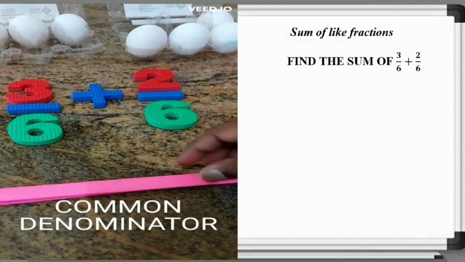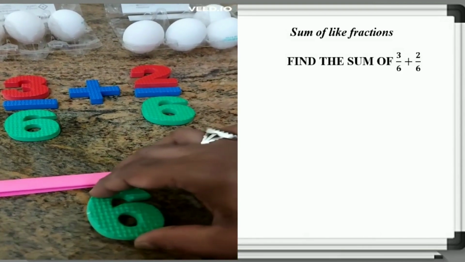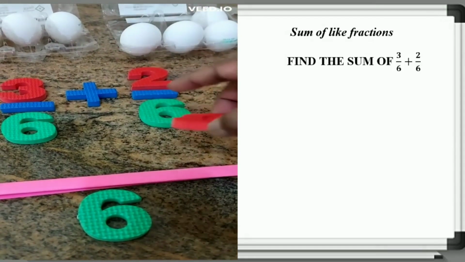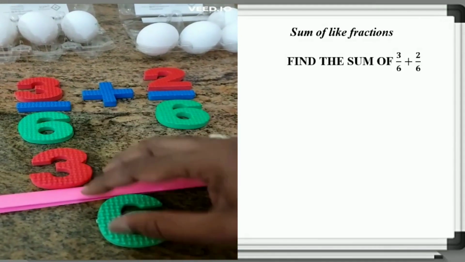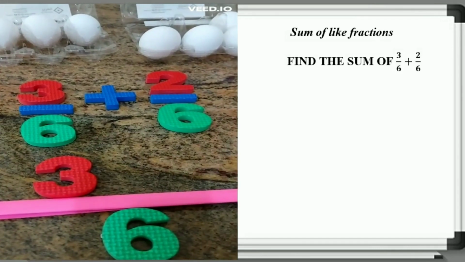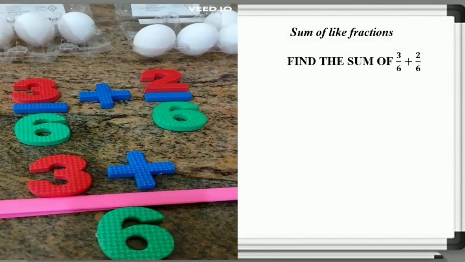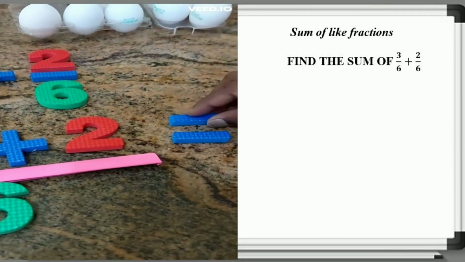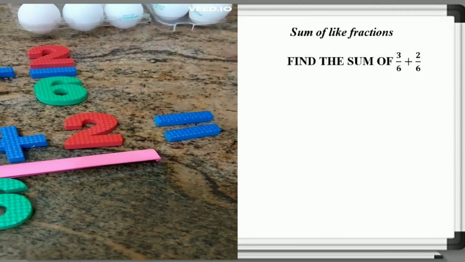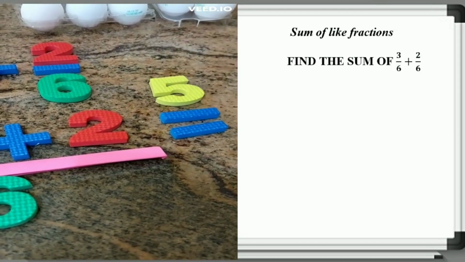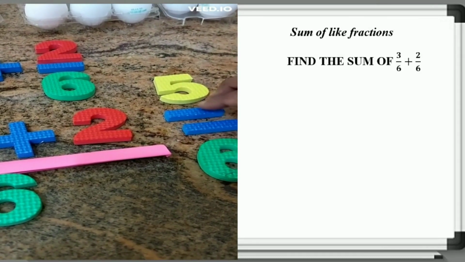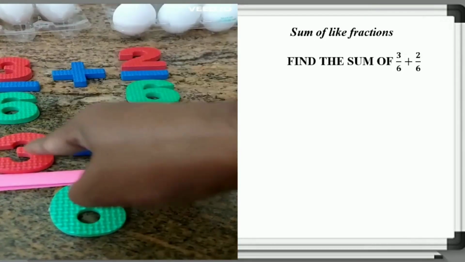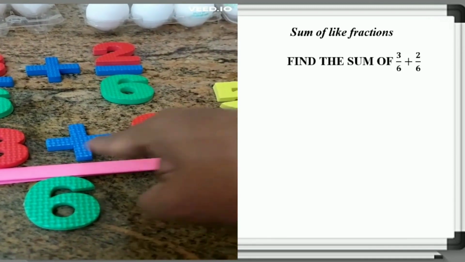When we sum up, we take the common denominator, 6, and add the numerators: 3 plus 2 is equal to 5 over 6. You can see very clearly, I have taken the common denominator 6 and added the numerators 3 plus 2, that is 5 over 6.